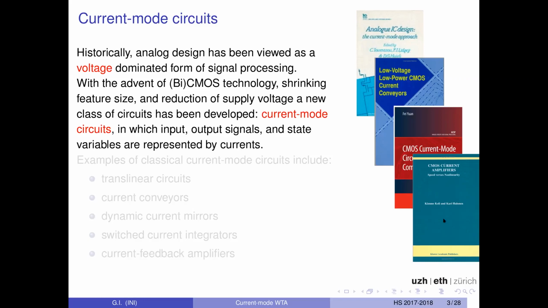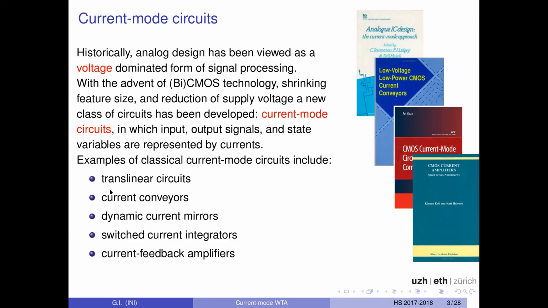And here are some books that are representative. Chris Toumazou is one of the most important figures in the world of current mode design. But there are also many famous researchers and industry leaders that have proposed different current mode circuits.